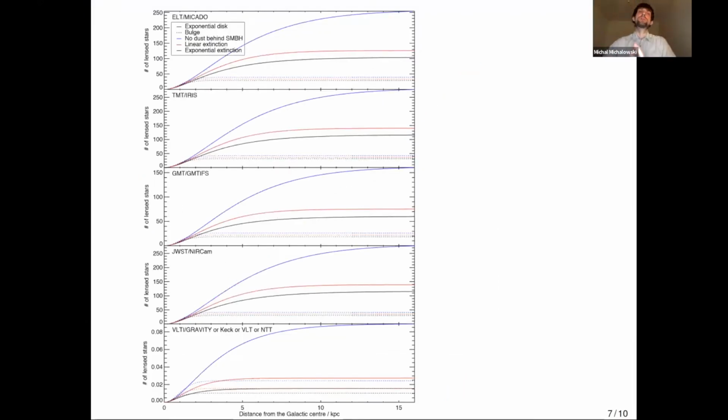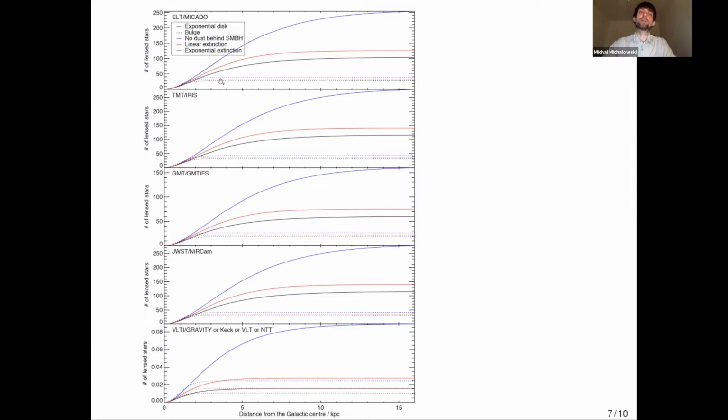So basically for many different telescopes, so ELT, TMT, GMT, James Webb, and existing telescopes, we calculated numbers of lensed stars which we can detect on the y-axis as a function of distance from the supermassive black hole. And different colors mean different attenuation assumptions. So the black line is the most realistic one.